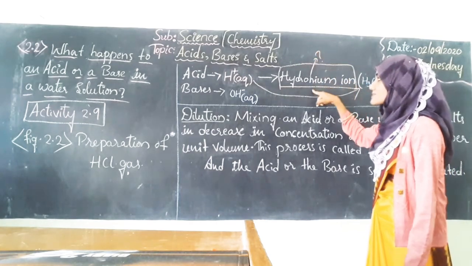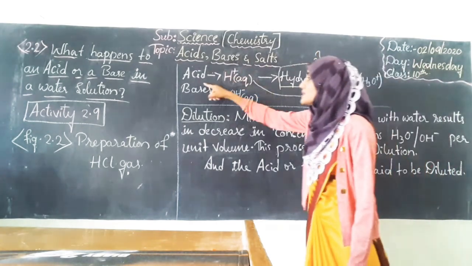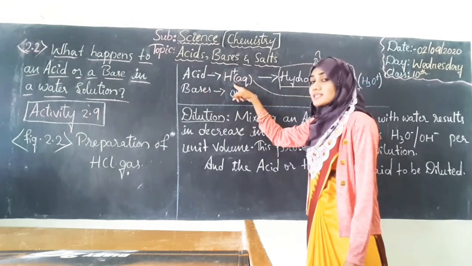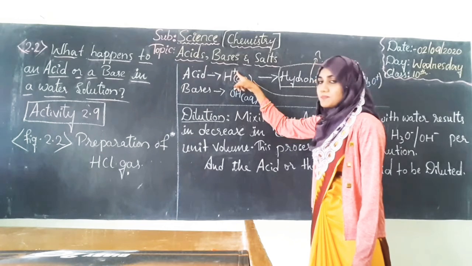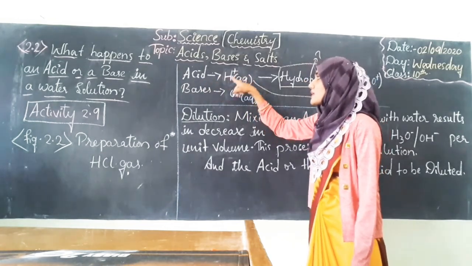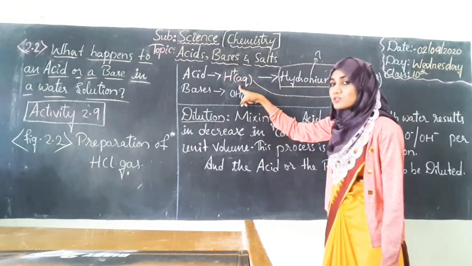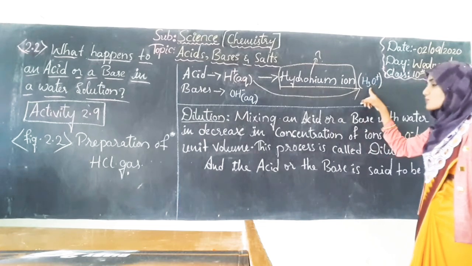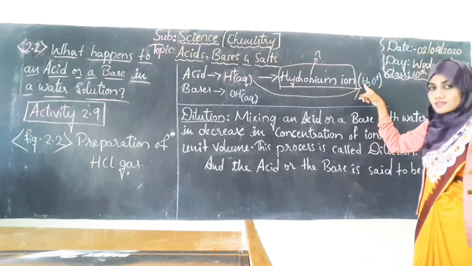I repeat, what is hydronium ion? If the question is what is hydronium ion, then you have to write: if acids generate hydrogen ion in aqueous solution, then it will be called hydronium ion and the formula will be H3O+.